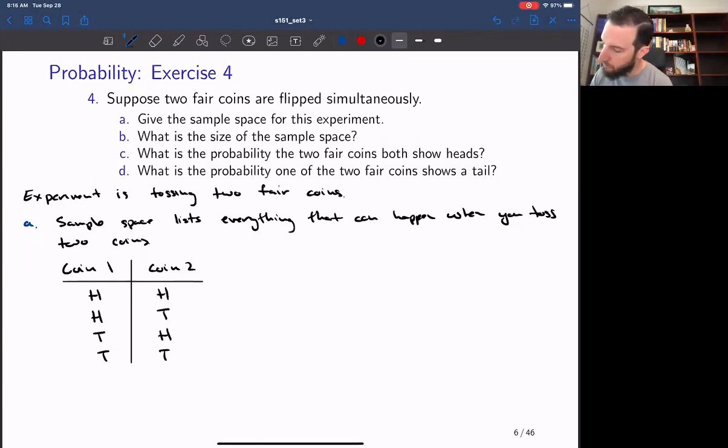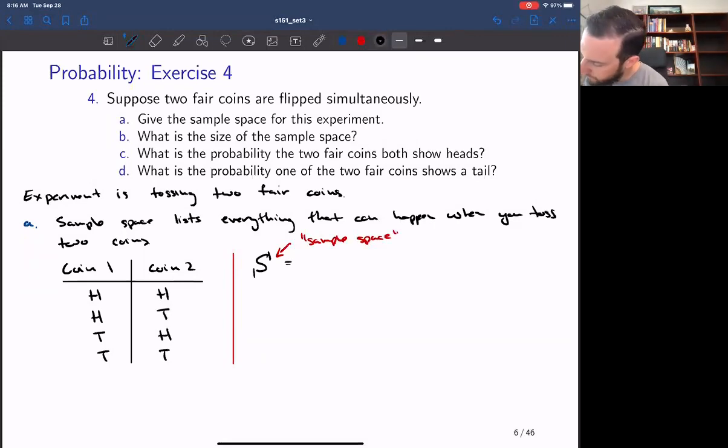The other way that I can write this is S, oh, sorry, S, so this here is the sample space.